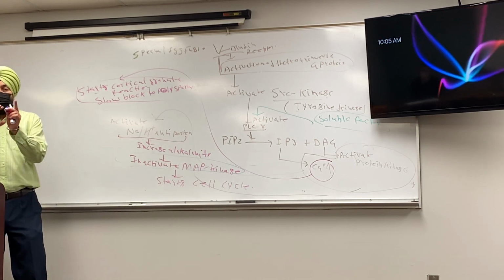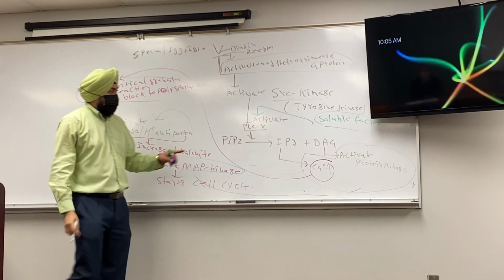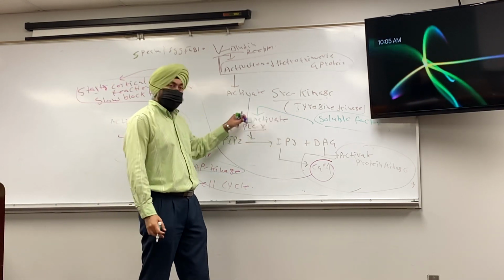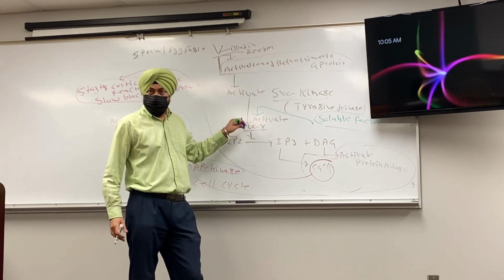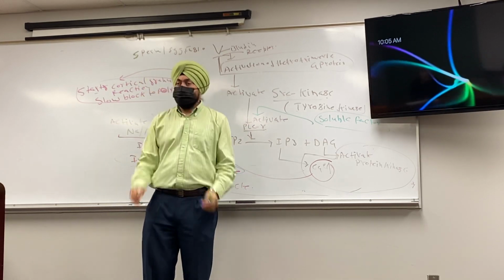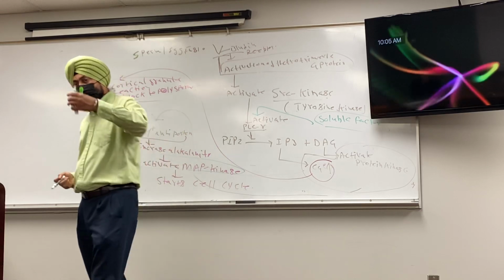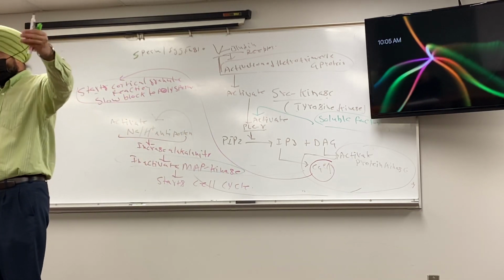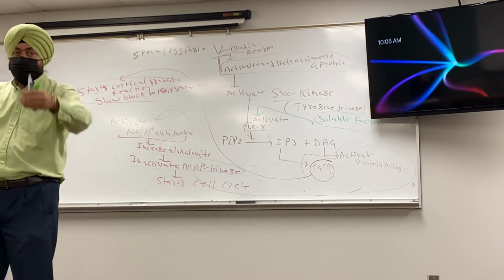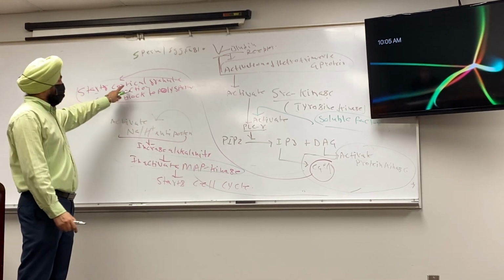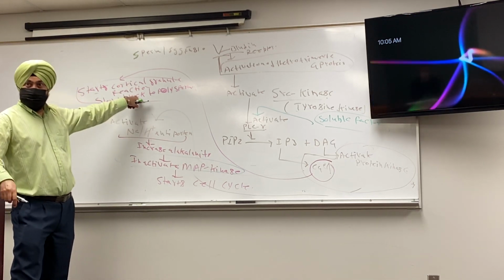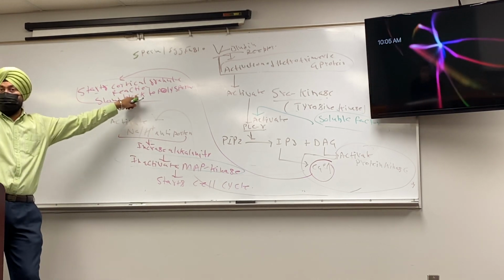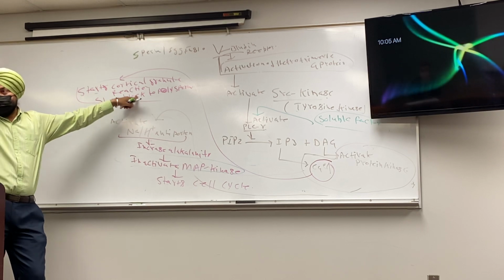Then we are saying if the soluble factor is there, what is that? We'll talk on Monday. But that soluble factor is going to activate PLC now. Two things are going to happen: one will be the early response, one will be the late response, once the calcium is there. The early response is the cortical granule reaction, right? And whatever happened there, we said UDX1 is there, and that makes hydrogen peroxide.